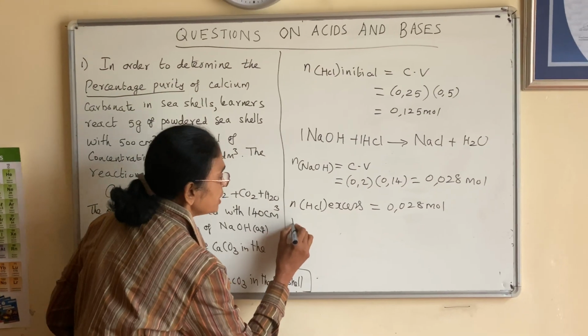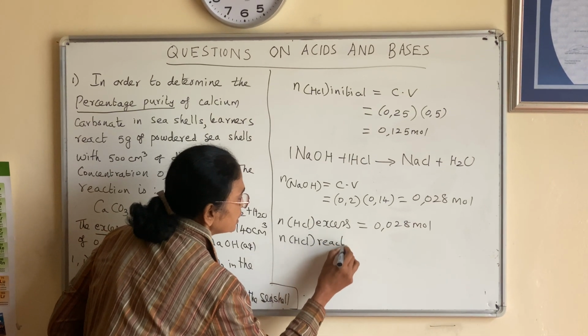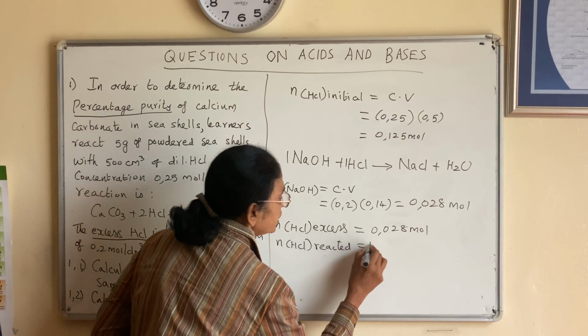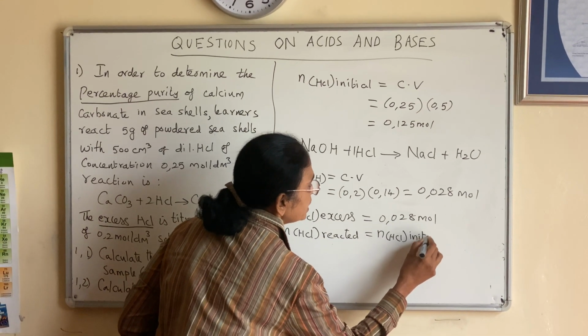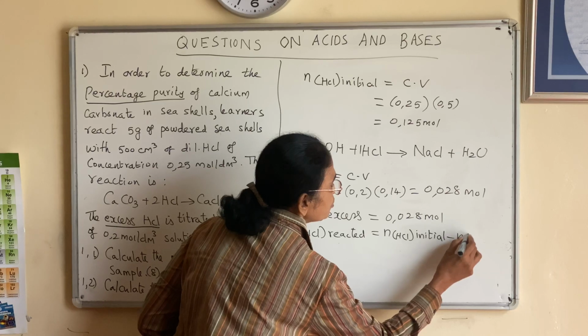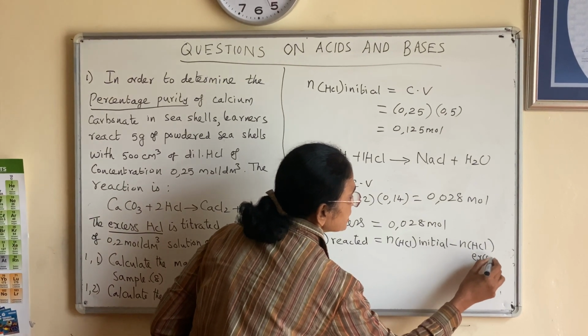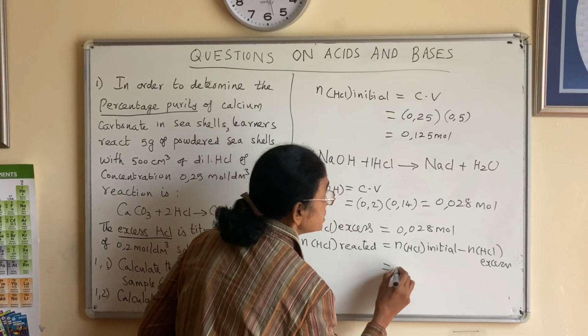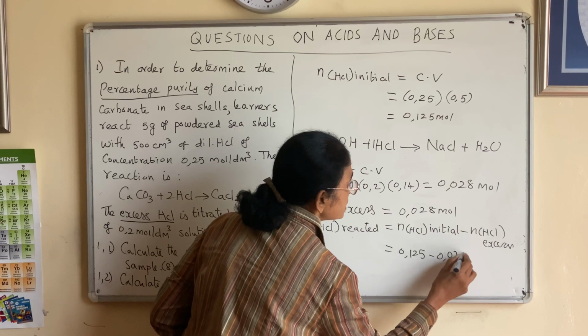Let's find out the number of moles of HCl reacted. What is the formula? Number of moles of HCl initial minus number of moles of HCl excess. So what is it? 0.125 minus 0.028.